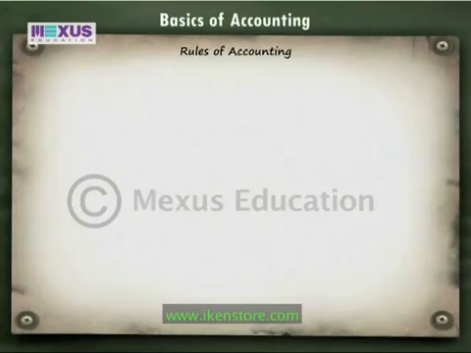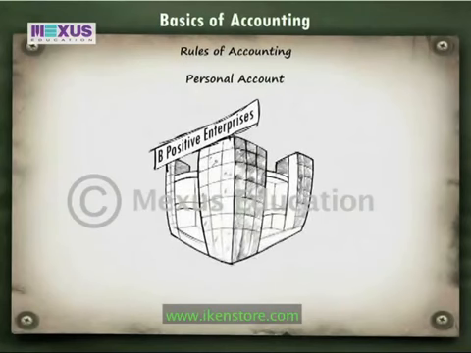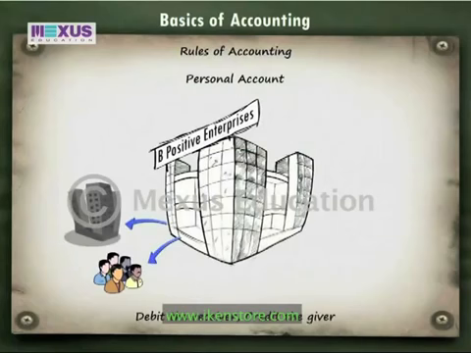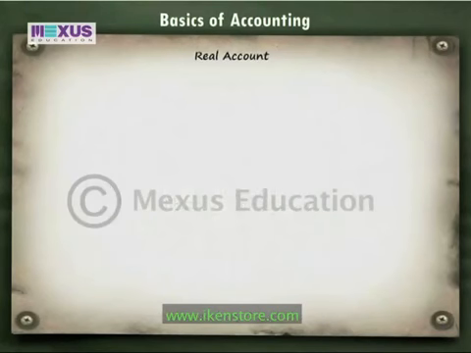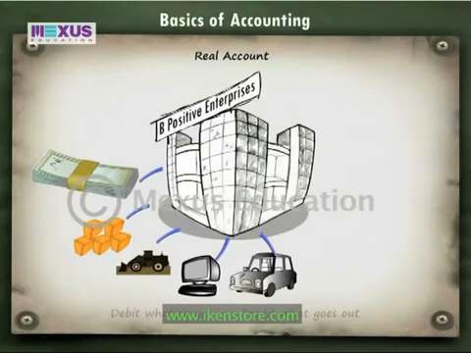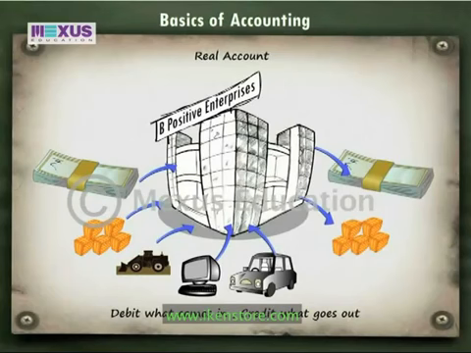Rules of accounting. Personal account: debit the receiver, credit the giver. Real account: debit what comes in, credit what goes out.